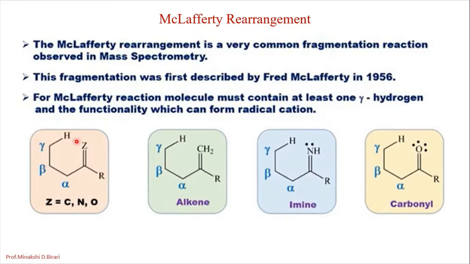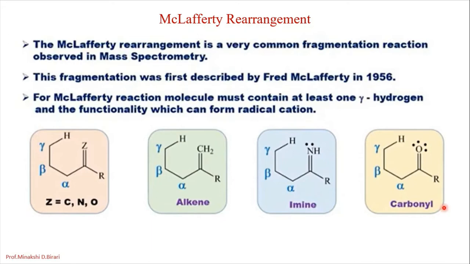So the general structure of the molecule which undergoes McLafferty rearrangement is shown in the first example, where Z may be carbon, nitrogen or oxygen. The other examples we observe are first alkene, then imine or carbonyl.